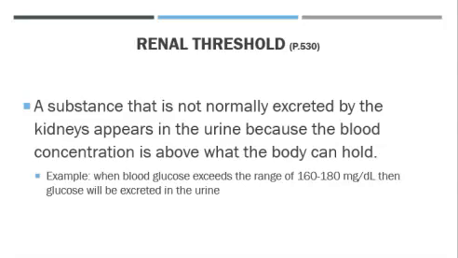An example of the renal threshold would be when the body's blood glucose level exceeds the range of 160 to 180 milligrams per deciliter, and the glucose would be excreted out in the urine because the body is holding as much as it possibly can, and that glucose beyond 160 to 180 has to go somewhere, so it comes out in the urine. So that's known as the renal threshold.